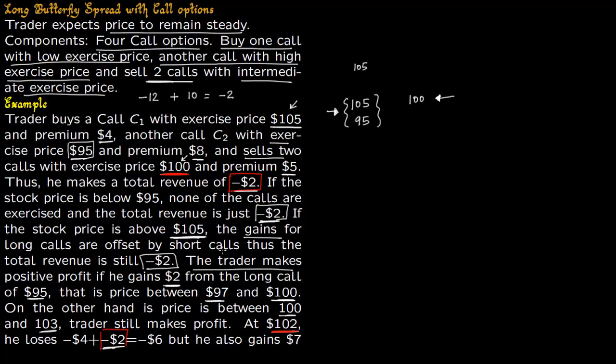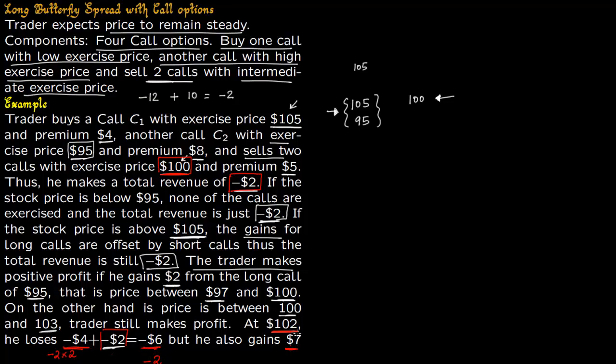On a single call, he will lose $2, and on two calls, he will end up losing $4, that is minus 2 times 2. So he loses minus 4 because he has sold two calls with exercise price of 100 and they get exercised at 102. So he has lost a total of minus $6.